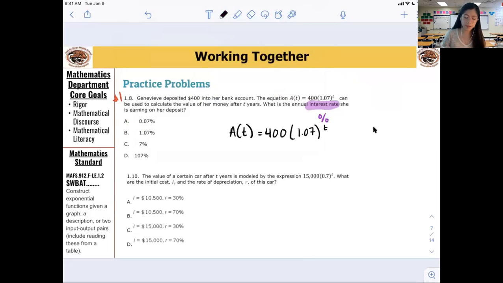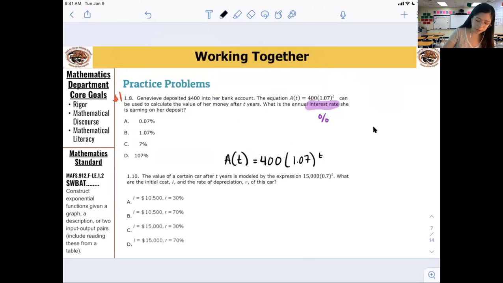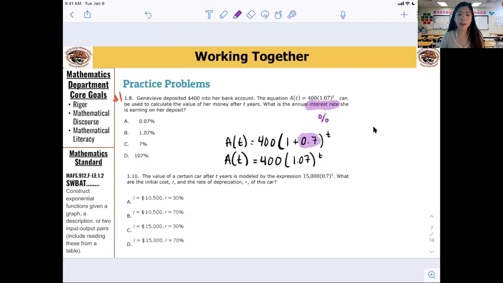So working backwards, before this function was simplified, it would have said 400 times (1 plus 0.07) to the power of t. This is my growth rate, my interest rate as a decimal. So what is 0.07 as a percentage?